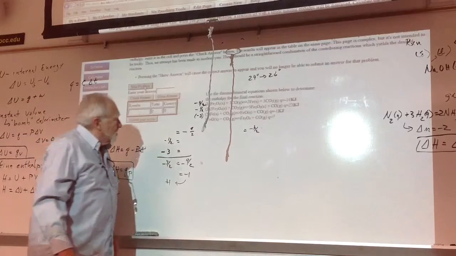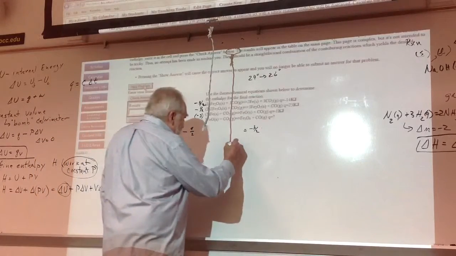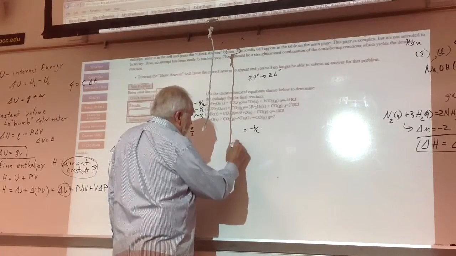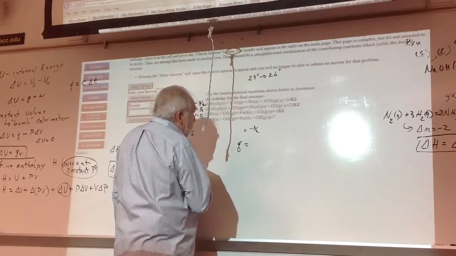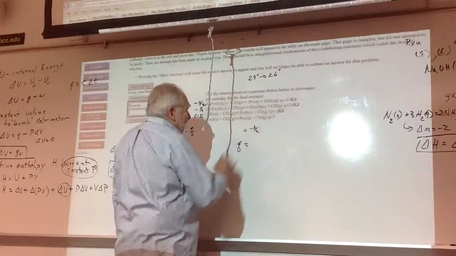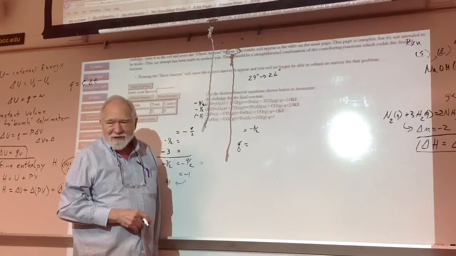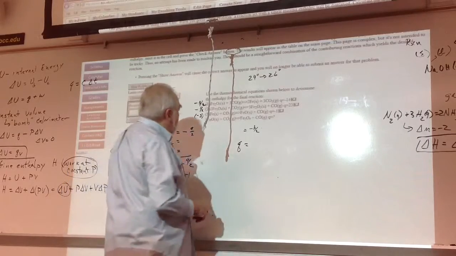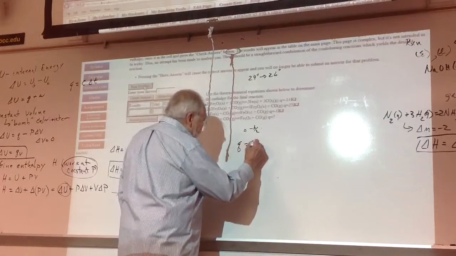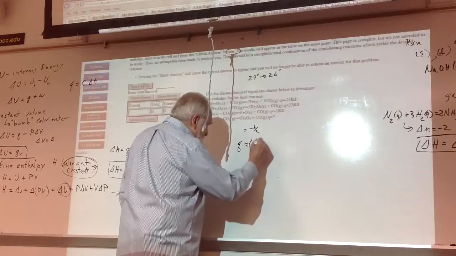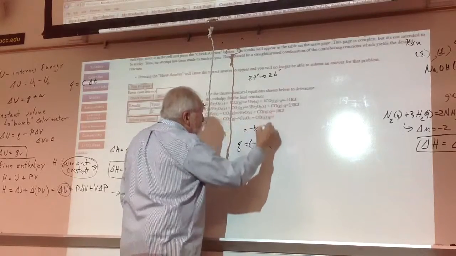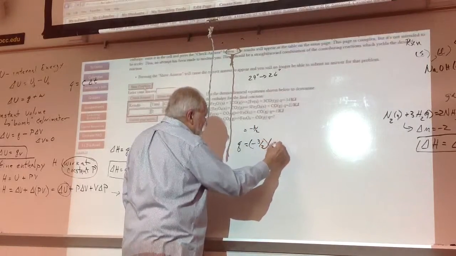So now that doesn't finish the problem. What I have to do, of course, is say delta H, or he calls it Q. And the reason he called it Q is these aren't really the enthalpy changes you get for those reactions. If you look up delta H sub F, you get some different numbers. So Q would be minus 3 halves, parentheses, times that minus 14.